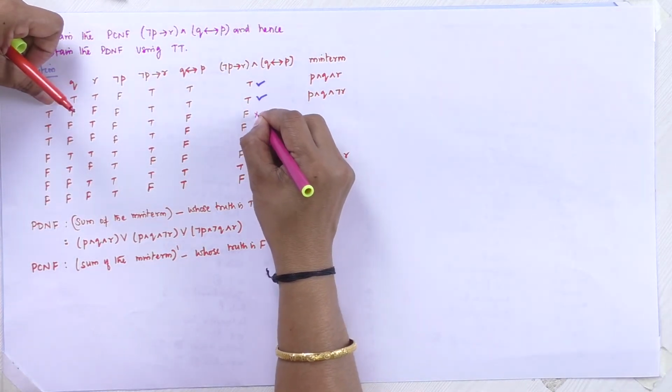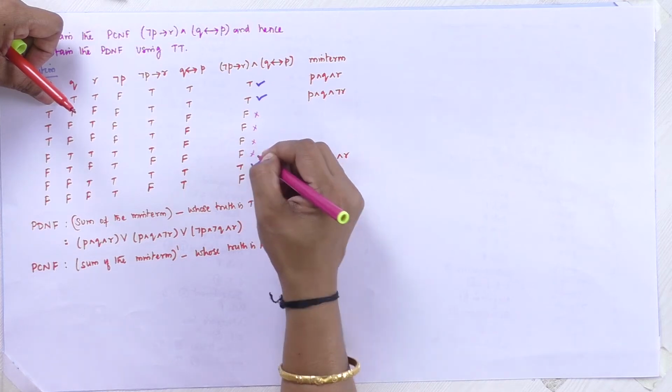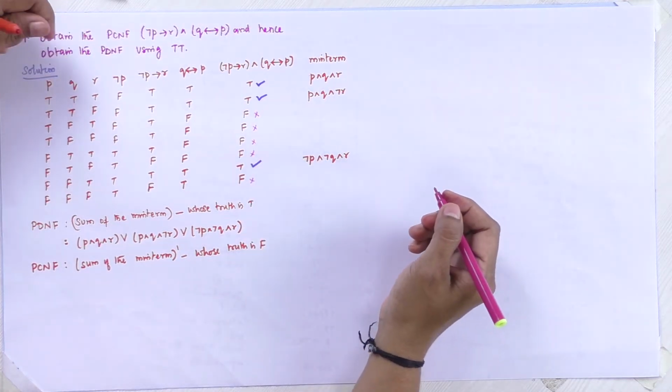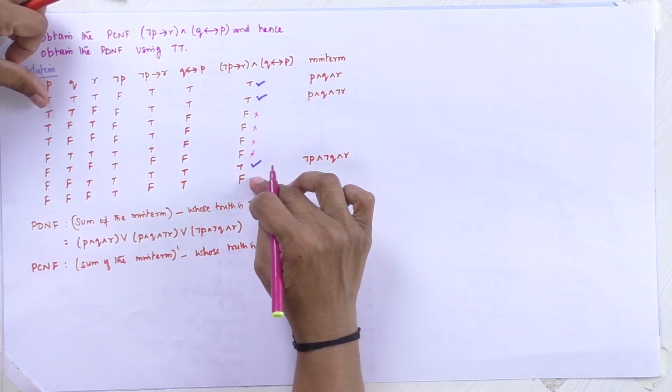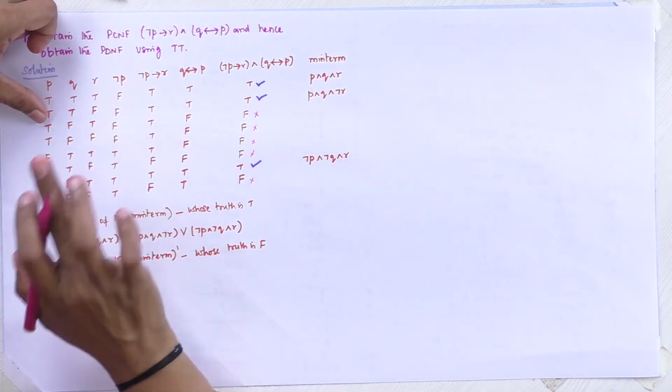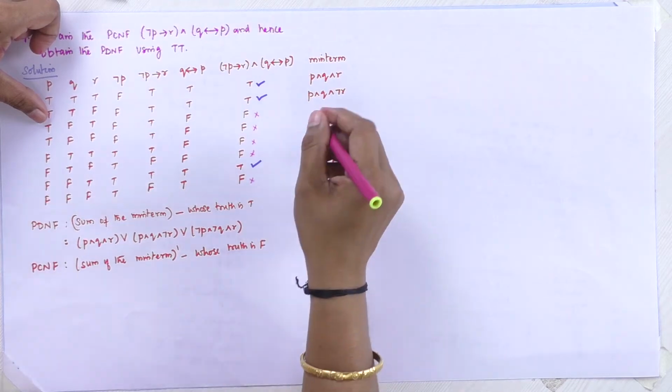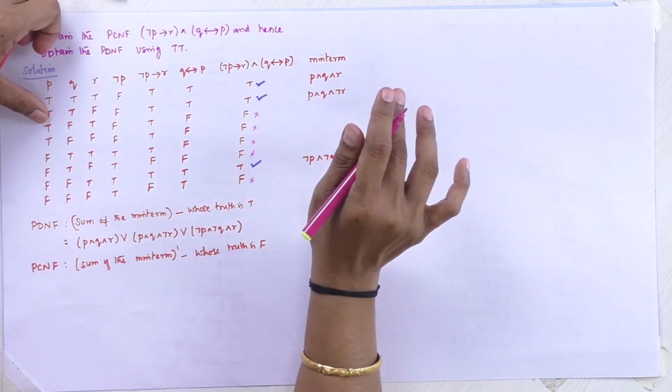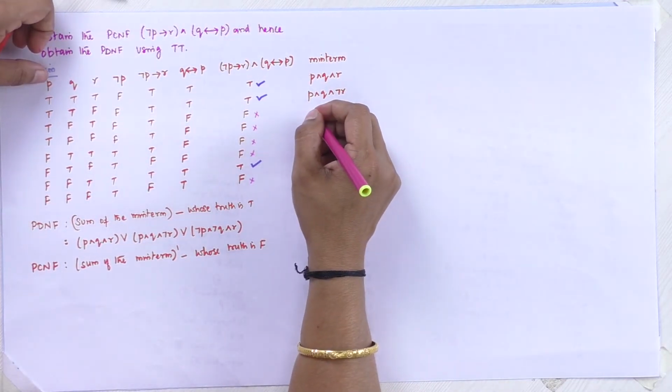So I have here 1, 2, 3, 4, 5 terms. Whose final truth value is F, I will have to look into each and every variable, and for that variable I should have only the truth value as T. If not, in that case I will take only the negation of that term.